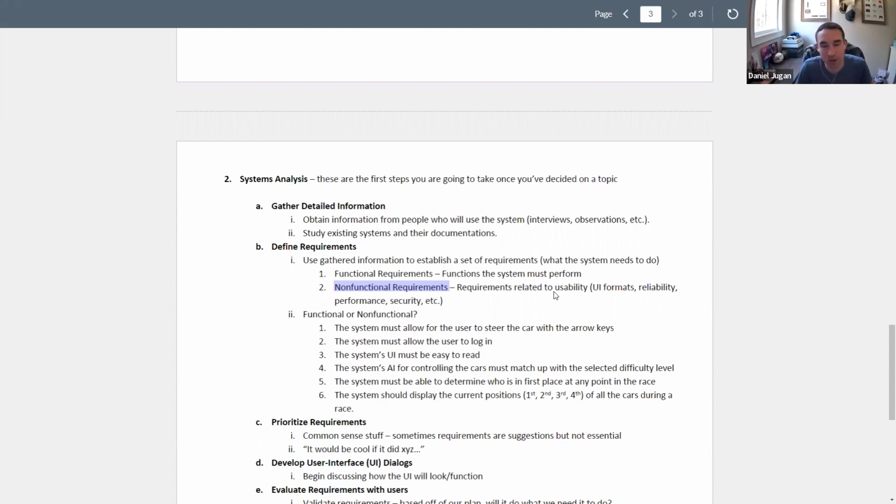And so that's where a lot of these non-functional requirements come into play. And so that's kind of the separation of the two. You have functional requirements and non-functional requirements.